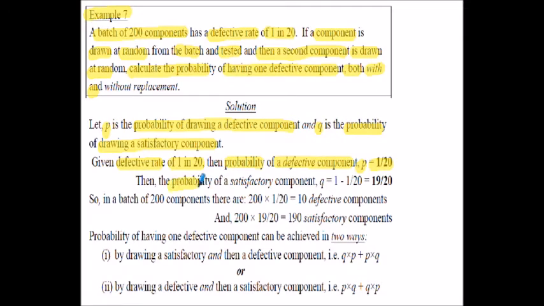That means the probability of a satisfactory component Q is 1 take away 1 divided by 20, or 19 divided by 20. So in a batch of 200 components, there are 200 times 1 divided by 20. In other words, there are 10 defective components. That means in a batch of 200, there are 190 satisfactory components.